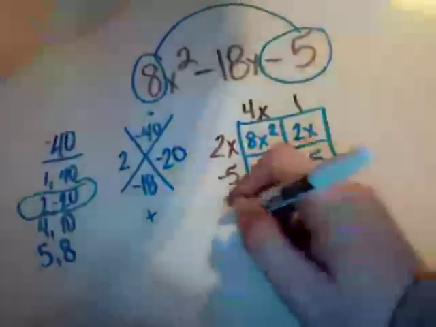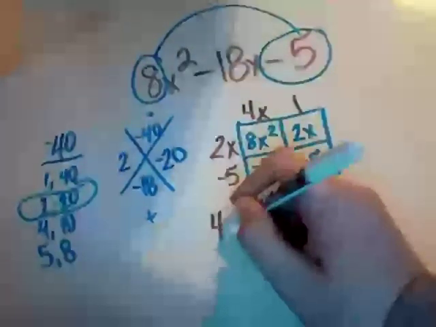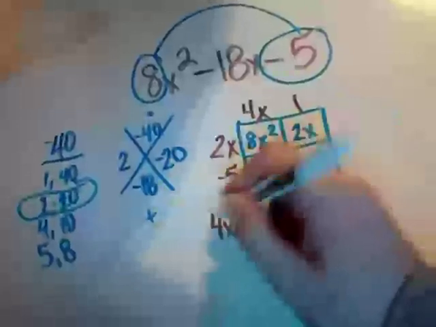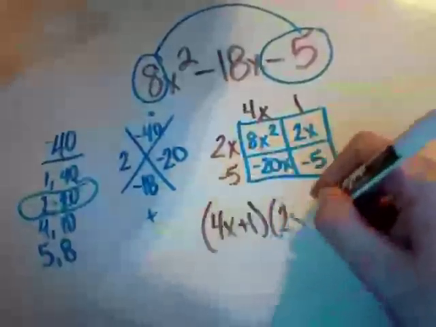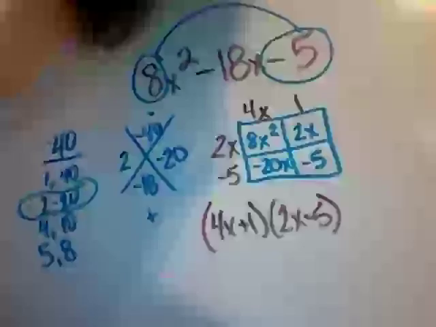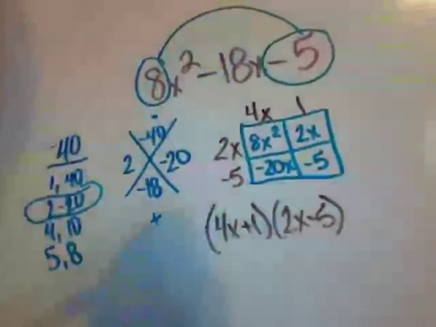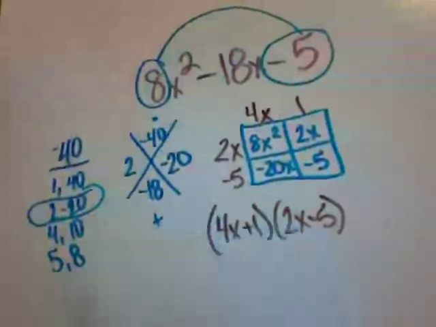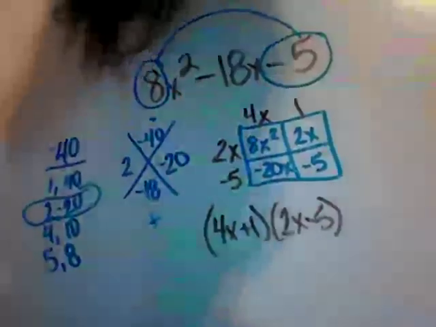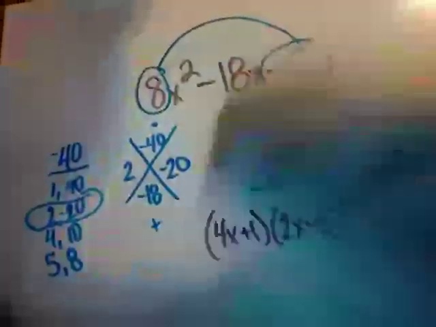All right, so that means that our factors are going to be 4x plus 1 times 2x minus 5. Okay. All right, let's look at one more.